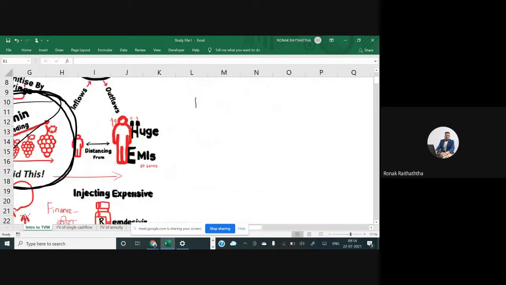I'm drawing one more thing, and you should be able to focus over here. So say on the x-axis we have something called time, and on the y-axis we have something called money.